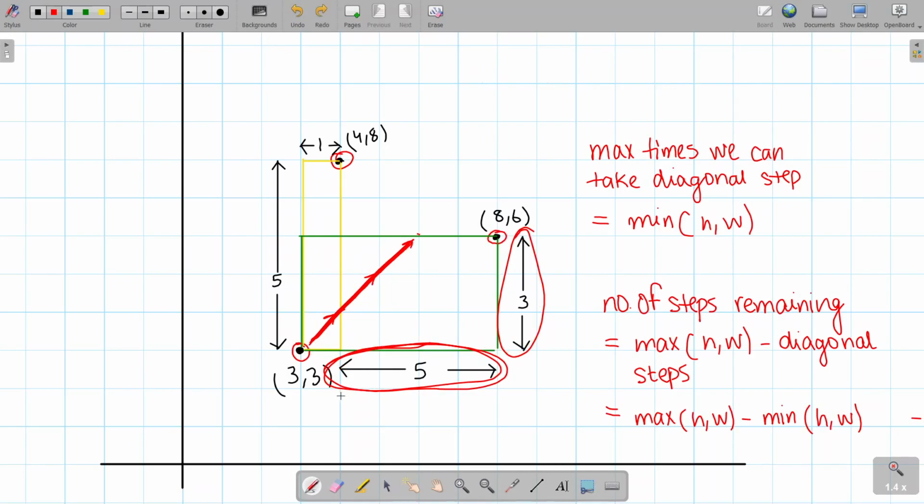We can also see this through this example, that if we need to travel from 3,3 to 4,8, we would have to travel at least 5 units of distance, and obviously 1 unit, that is of minimum of height and width, would be covered by our diagonal step.